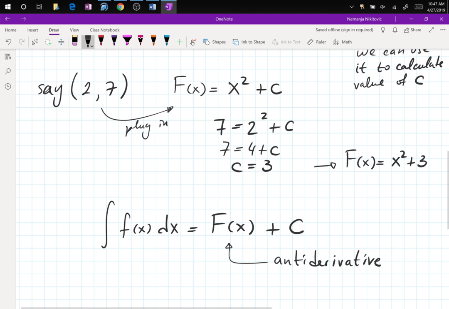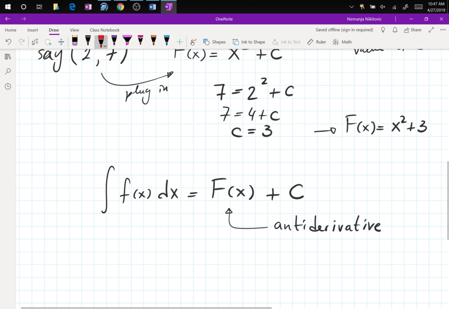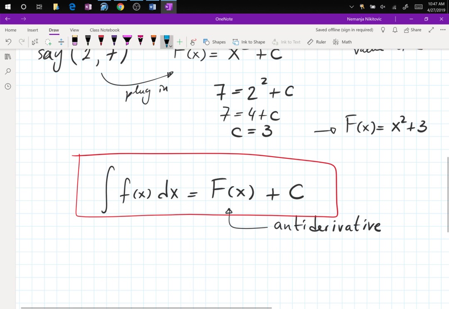And this is like a concept formula. And then to check, all you need to do is to take the derivative of the antiderivative, and you will get the original f of x.